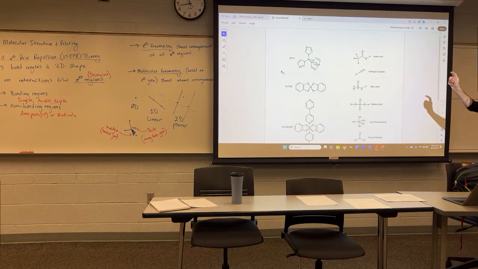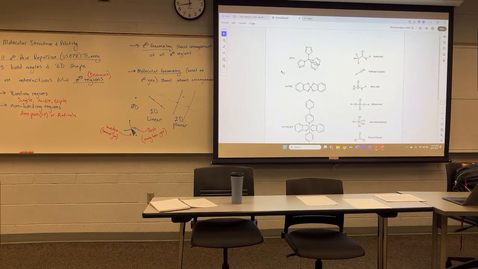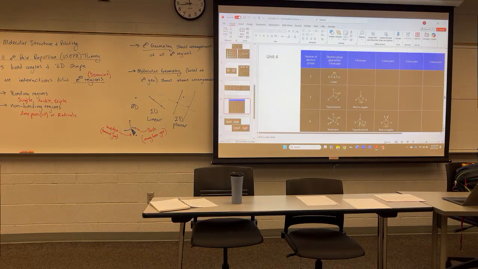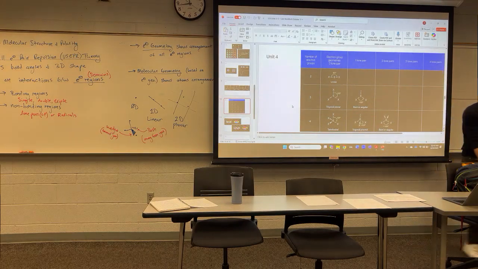That's ZIF8, and ZIF8 does have that tetrahedral zinc geometry. And then you got to copper and you said, what the heck is going on there? It also has 4 bonding regions, but it doesn't look like the zinc above it. And there are no lone pairs shown on the copper. So a lot of you took that to mean it must also be tetrahedral because all I see are 4 bonds.